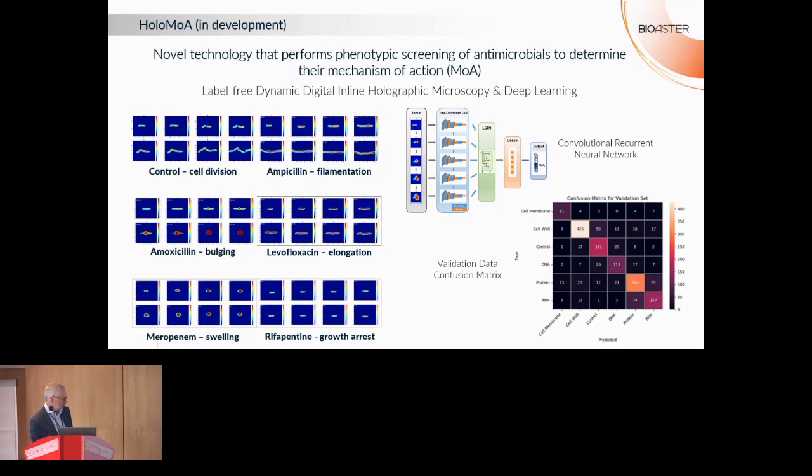Amoxicillin causes bulging of the cells. Meropenem causes swelling of the cells. You can also look at intracellular features such as density, because you can cause condensation of the nuclear material as well. And within this, by using a convolutional recurrent neural network, you can define what class of antibiotic the microbes are or are not susceptible to. And this can take about 3 hours. So we can speed up the diagnosis as well.